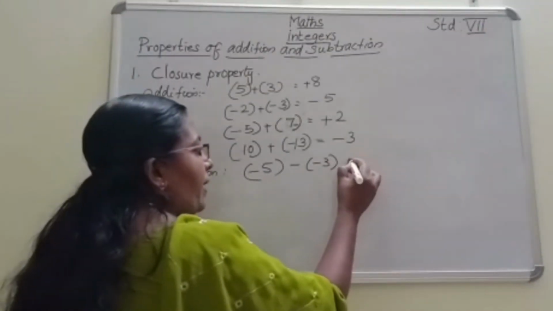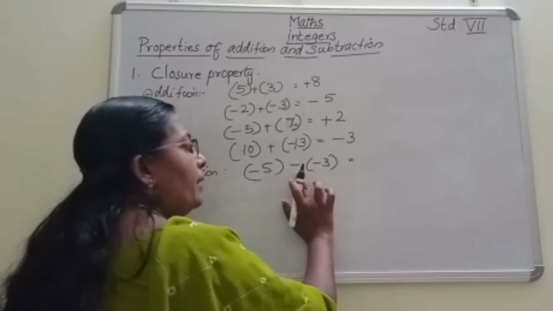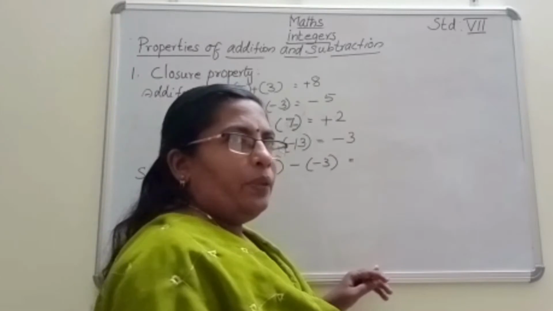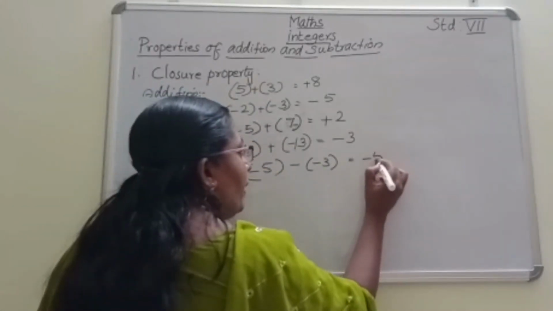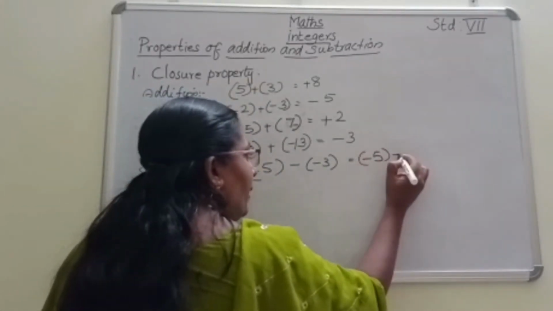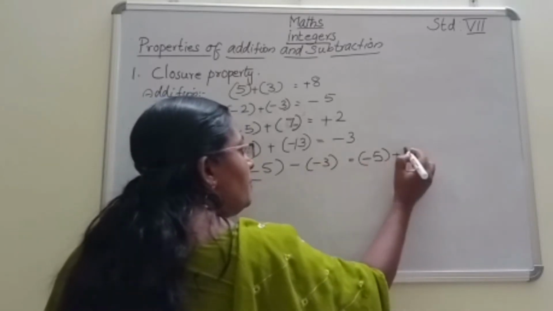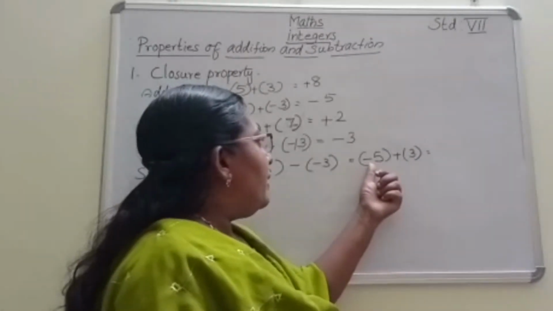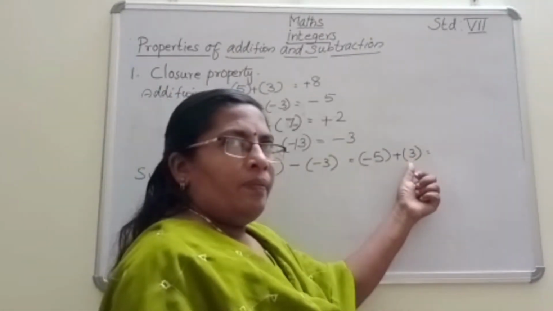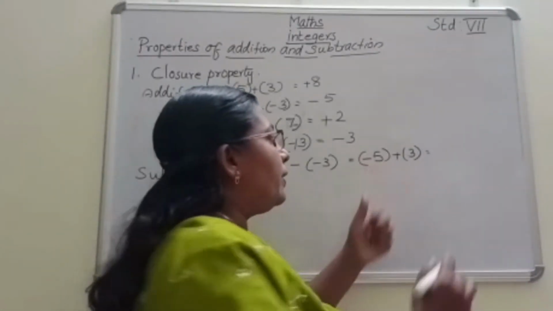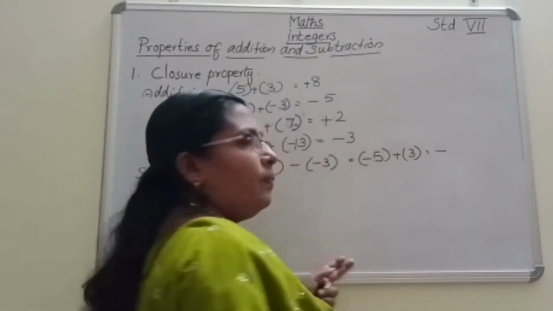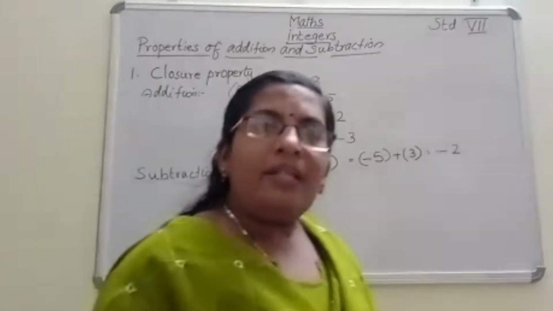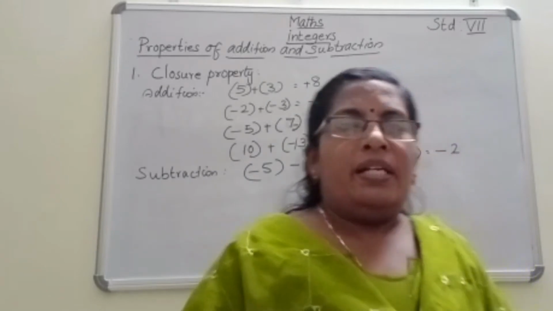When subtracting, write the opposite sign of the number next to the subtract sign. So that is -5 plus, -3 becomes +3. Now here it is a different sign. So what do you want to do? Greater number sign, subtract the numbers. -2 is an integer.